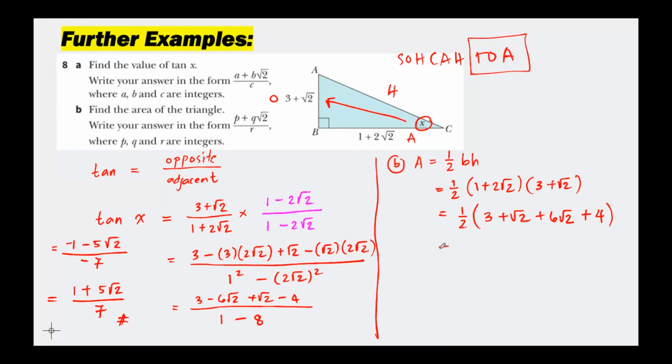Okay, so this can be simplified as 1/2 bracket 7 plus 7 square root of 2. In other words, we can simplify this as 7 over 2 bracket 1 plus square root of 2. So that is our final answer.